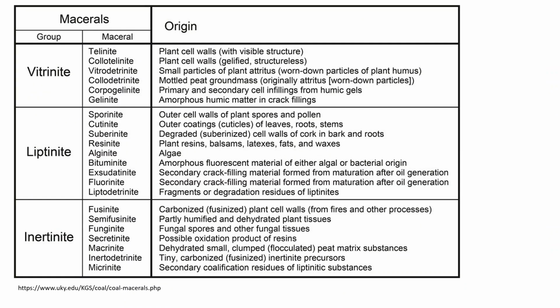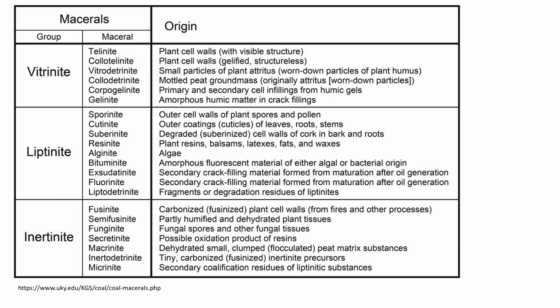Now, if we consider the detailed classification of the three groups of macerals, the vitrinite group of maceral consists of the macerals telinite, collotelinite, vitrodetrinite, collodetrinite, corpogelinite, and gelinite. A common feature you will see is that telinite consists of plant cell walls with visible structures.